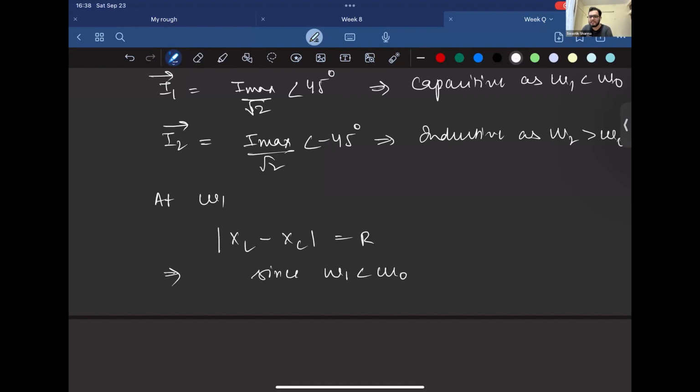Since omega 1 is less than omega naught, XC would be greater than XL, right? So it would open as a negative term.